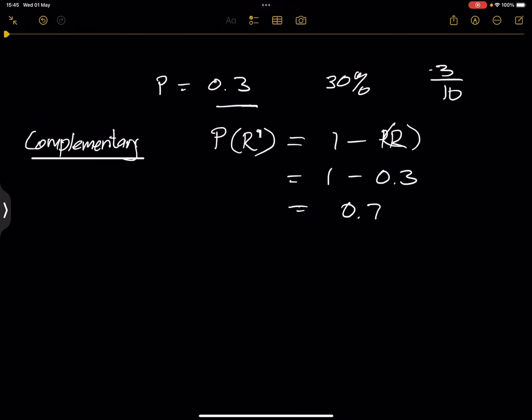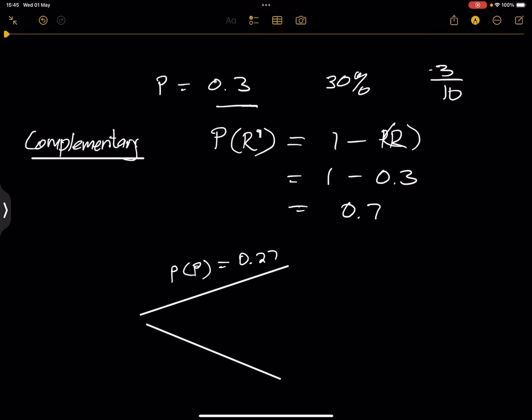All right, so this is the complementary rule, and I'm going to show you how to use that. So usually when they give us things like tree diagrams, and they tell you that if we are going to pick oranges, the probability that we might pick an orange from a tree is going to be 0.27.